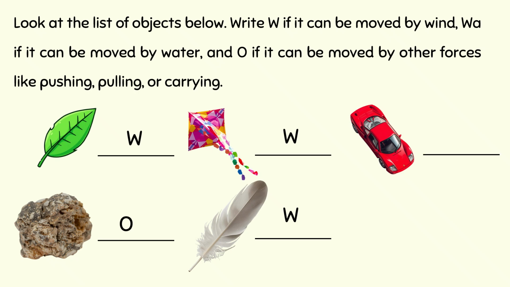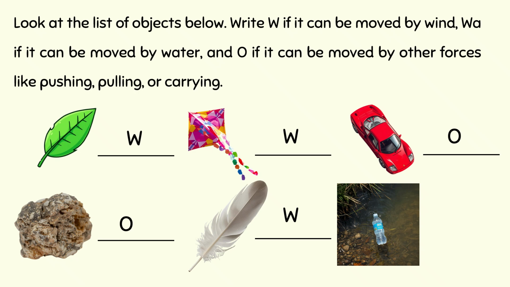Toy car. It's big letter O. It can be moved by other forces like pushing, pulling, or carrying. Bottle in the river. It's Y. It can be moved by water.